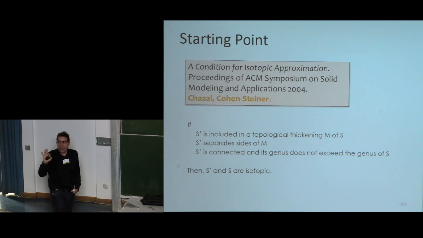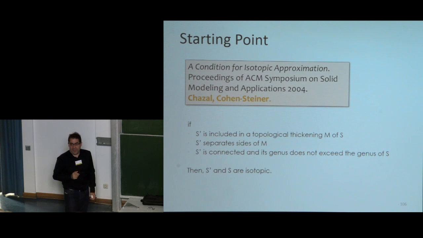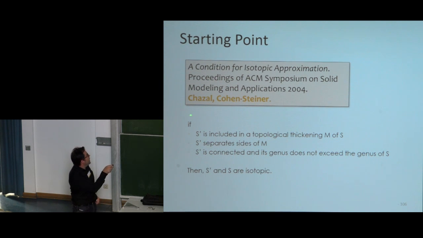I'm not telling you all the details, okay? I will go a little bit faster. It tells the following thing. If S prime is included in a topological thickening M of S, what does that mean?